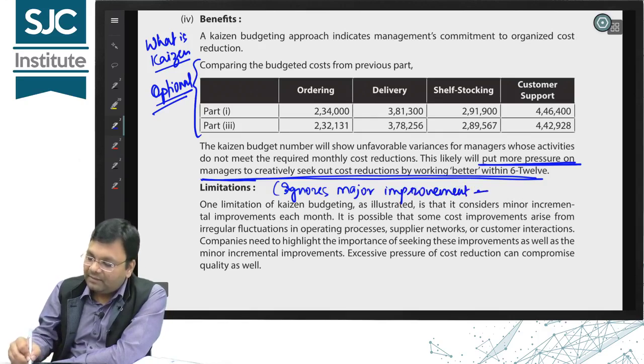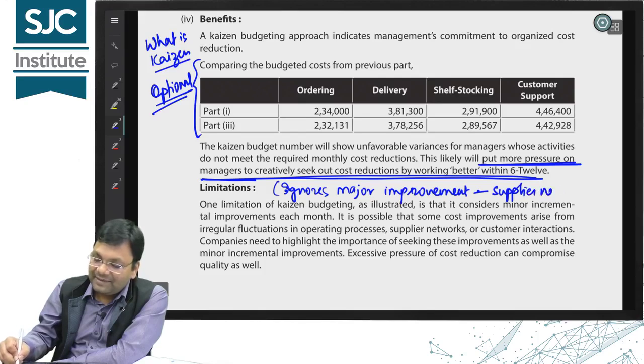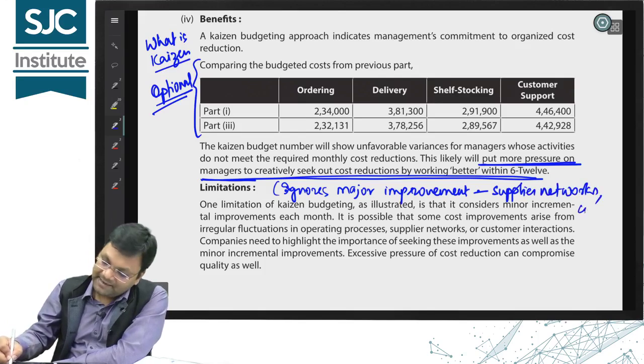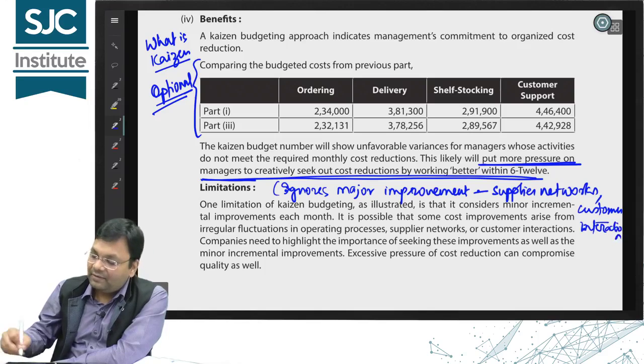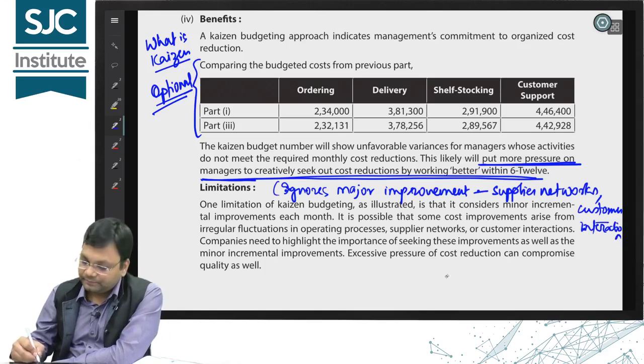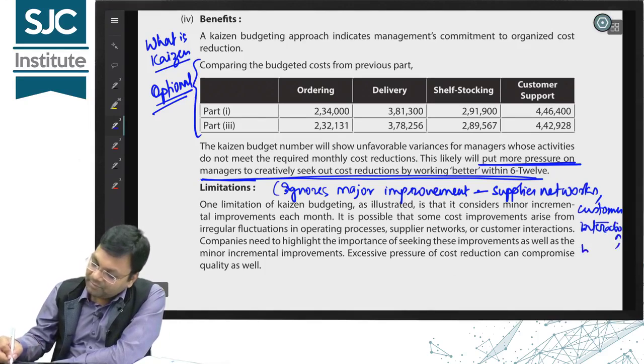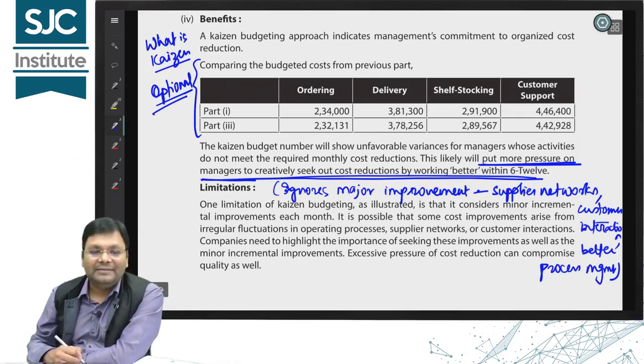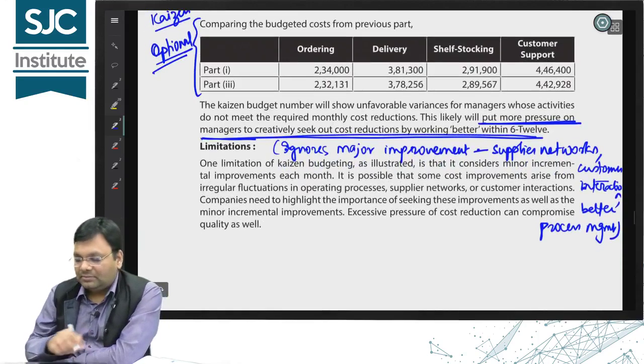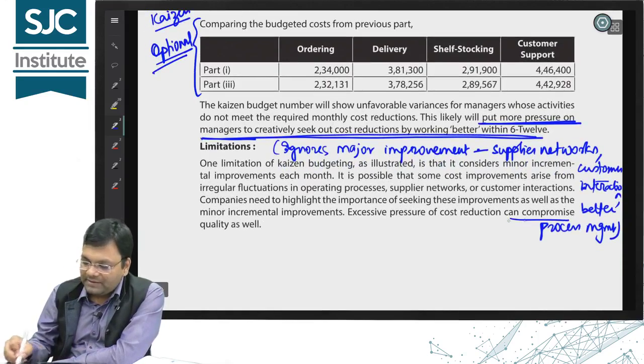Major improvement can come by way of supplier networks, by interacting with suppliers, by sitting with different suppliers, by choosing a different supplier, by better customer communication and interaction as to what they actually need, so we can understand what is value adding and what is not value adding, and by better process management. All of this gets ignored when you are doing Kaizen, and again there can be a compromise in quality also.